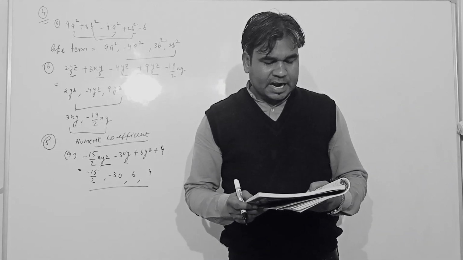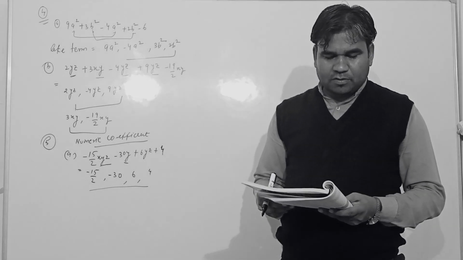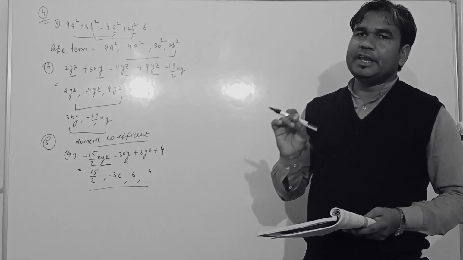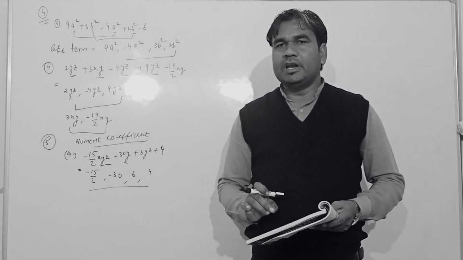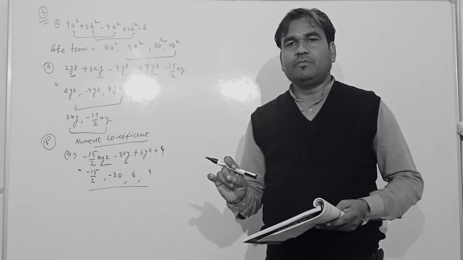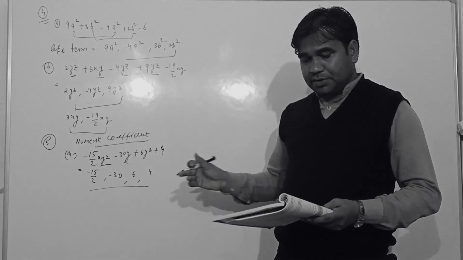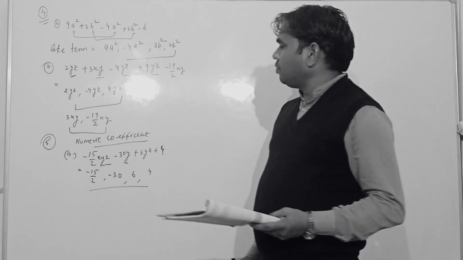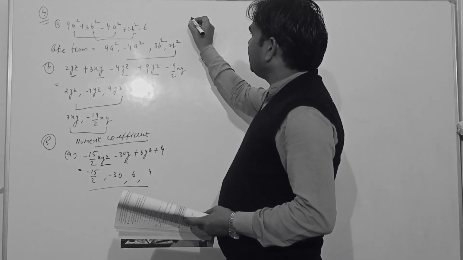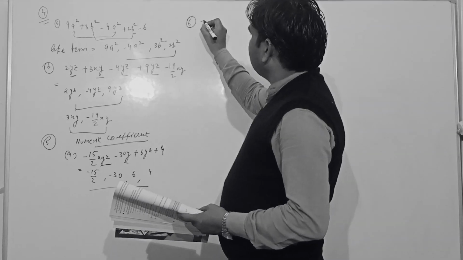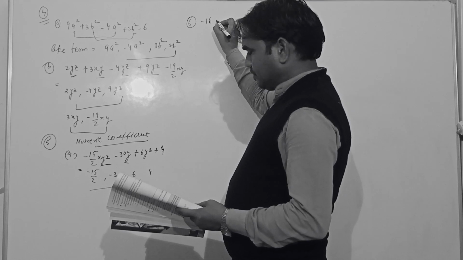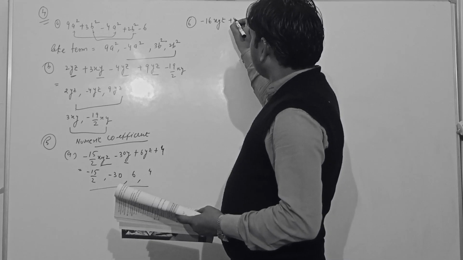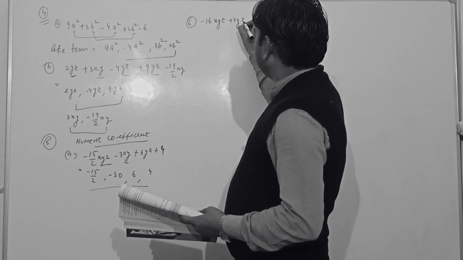And question number 6, write the factors of each term of the following. I have told you about factors: in exercise 5.1 we have to write in product form. In the same way you can do the factors in question number 6. So this is question number 6, first part 16xyz plus 4yz.